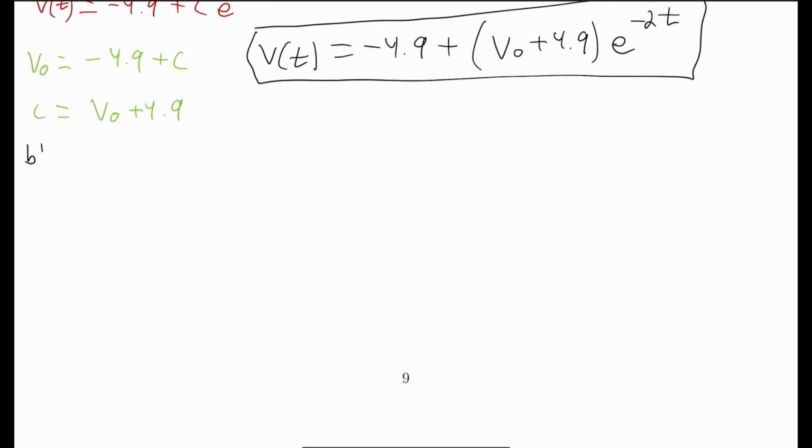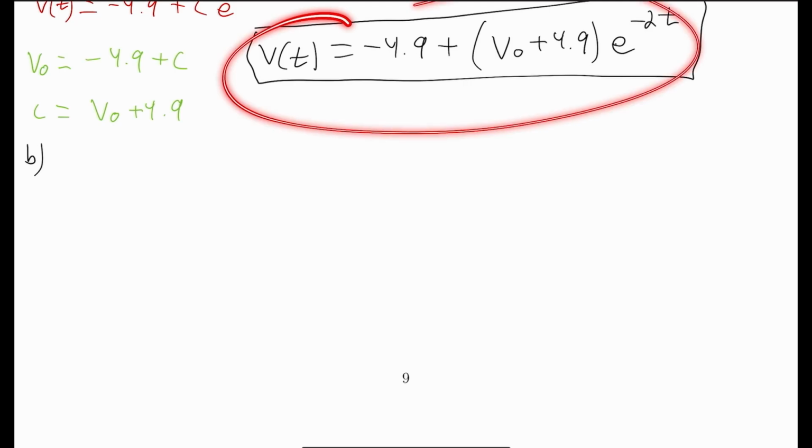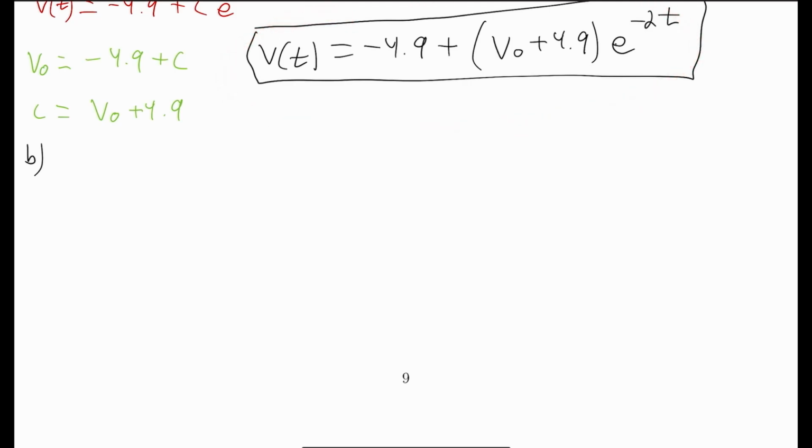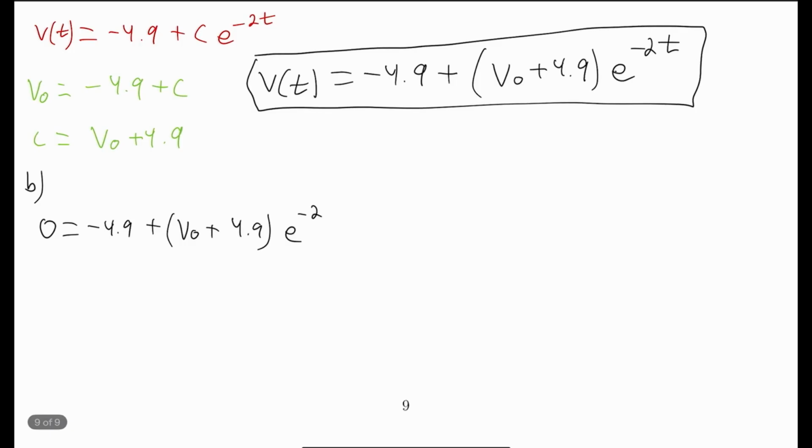This means that we can plug into this equation we just found and find that 0, that we're plugging in for v, is equal to negative 4.9 plus v naught plus 4.9. And then e to the negative 2t, where t was ln 2 seconds.